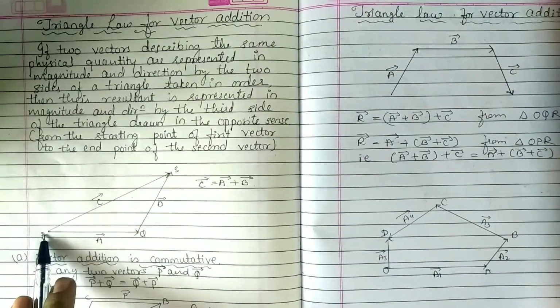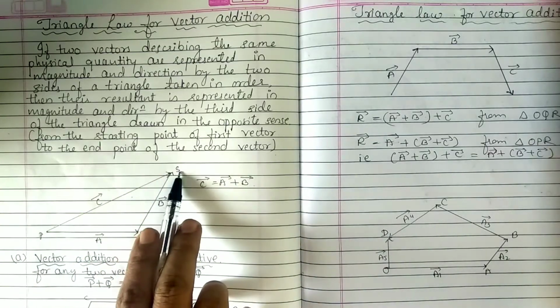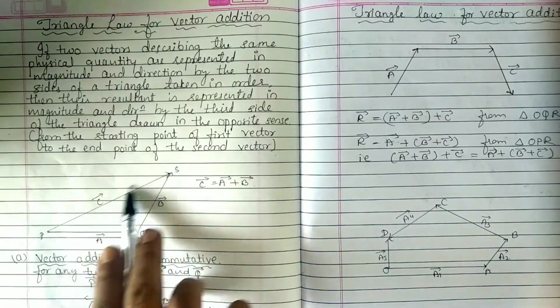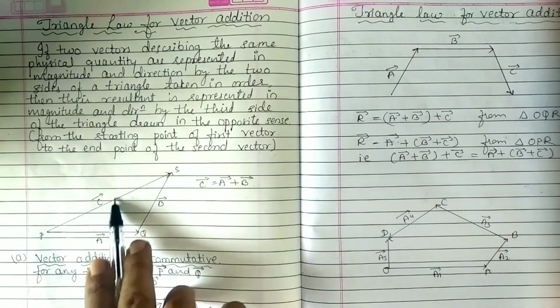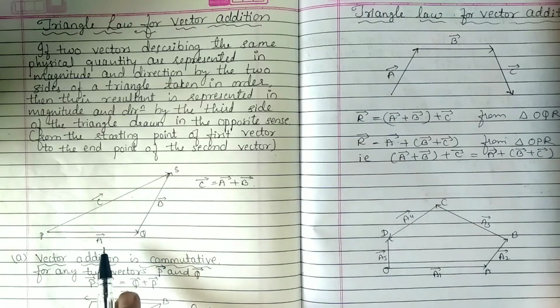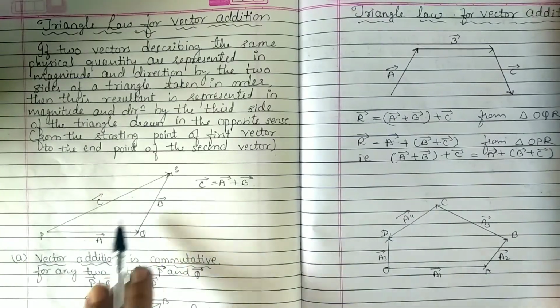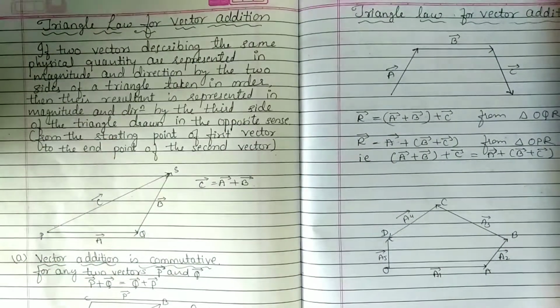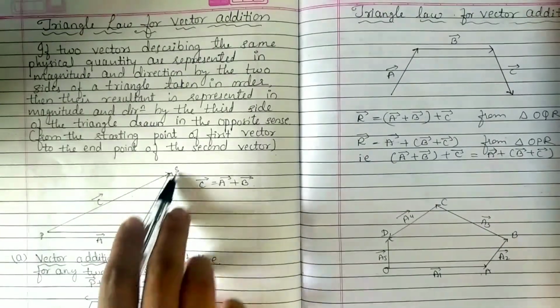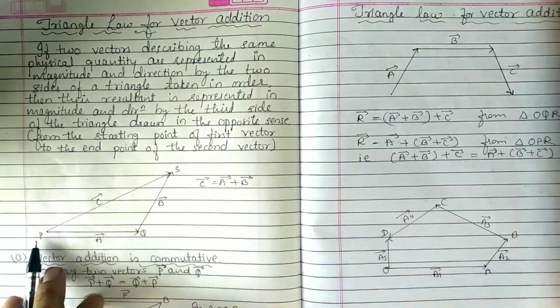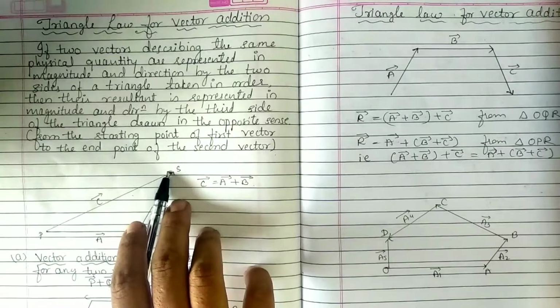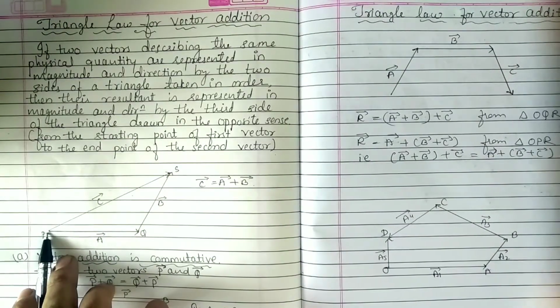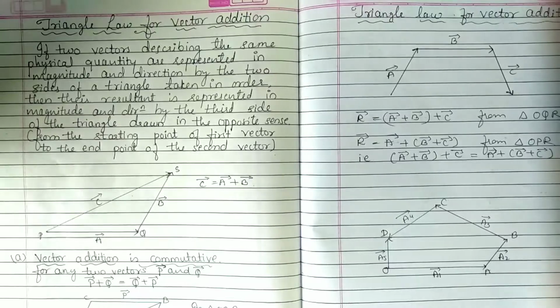S. So the resultant is PS, that is denoted by C. So C is nothing but the vector addition of these two vectors. This is known as the triangle law of vector addition. Very important, what you have to remember: when you take two sides in order, the third side should be in an opposite sense, that is, it should move from the starting point of the first vector to the end point of the second vector.